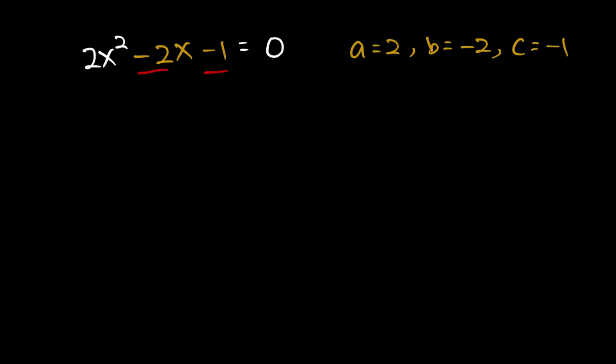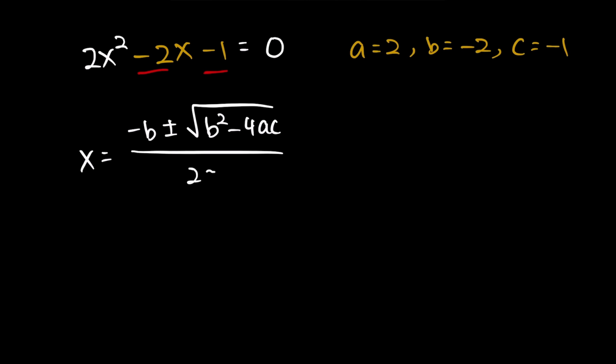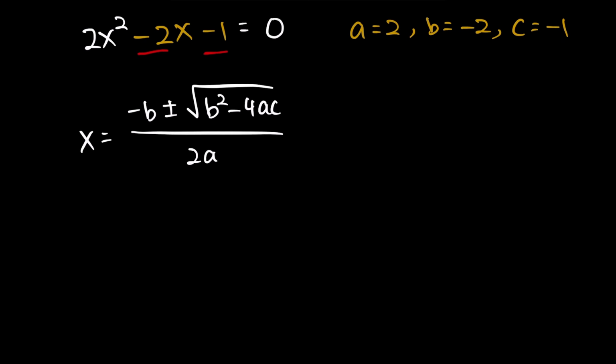Now, we just use the quadratic formula. So x is equal to negative b plus or minus the square root of b squared minus 4ac, over 2a. Now we just need to substitute these values in. Negative b, what is b? It's negative 2.